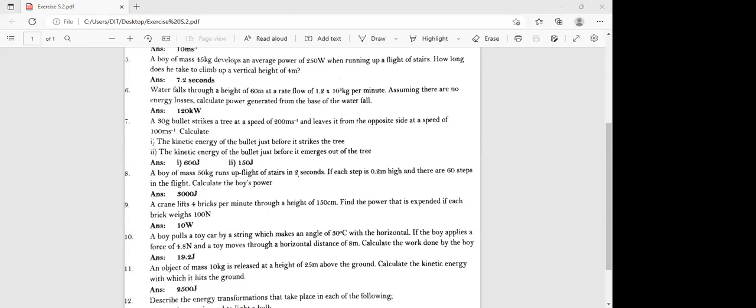Excuse me, teacher. On that number 4, which we are just doing, I have not understood very well that last part where we got the potential energy equaling the kinetic, something like that. I have not got it very well.